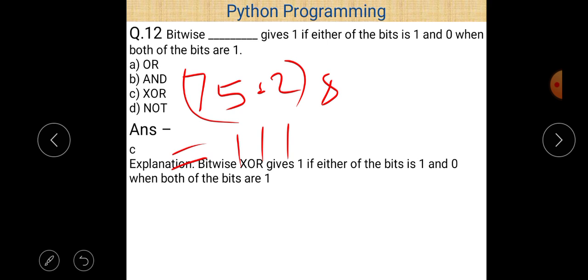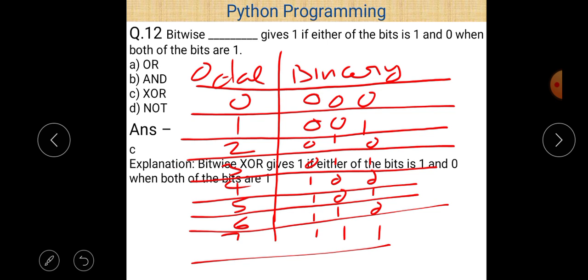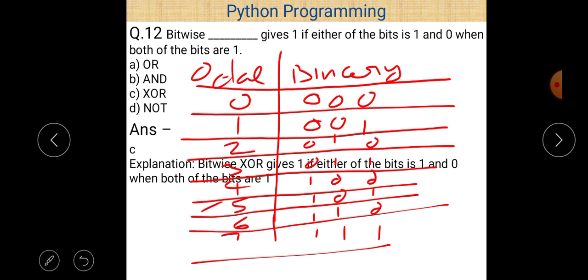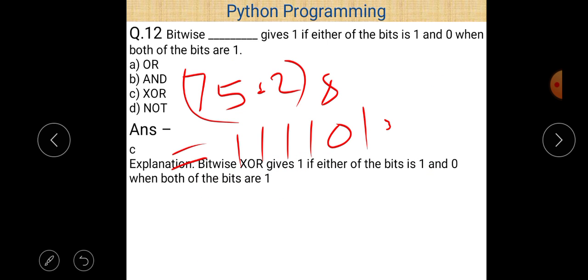Then write the binary equivalent of 5. The binary equivalent of 5 is 101. Then write the decimal point as it is, and then write the binary equivalent of 2. You can easily see that is 010. So that is the binary equivalent of that number.